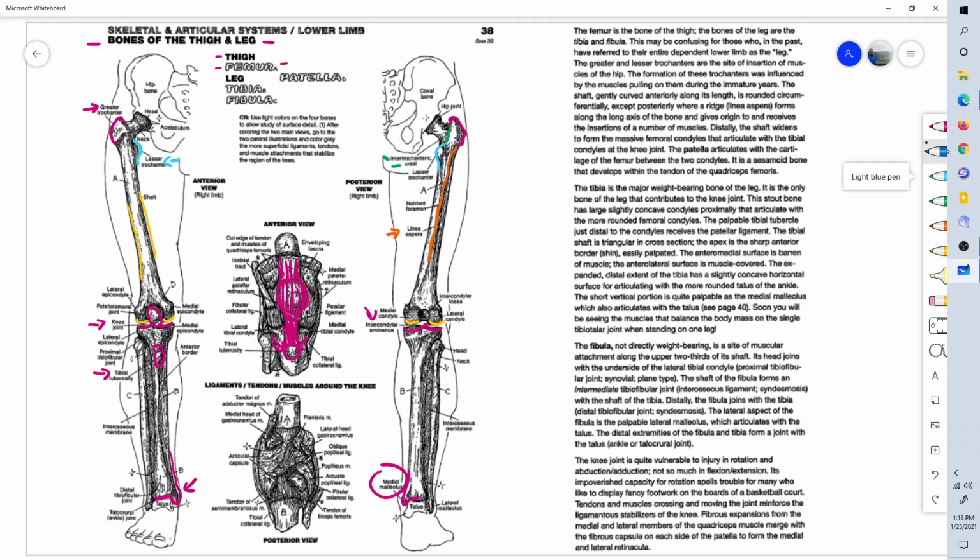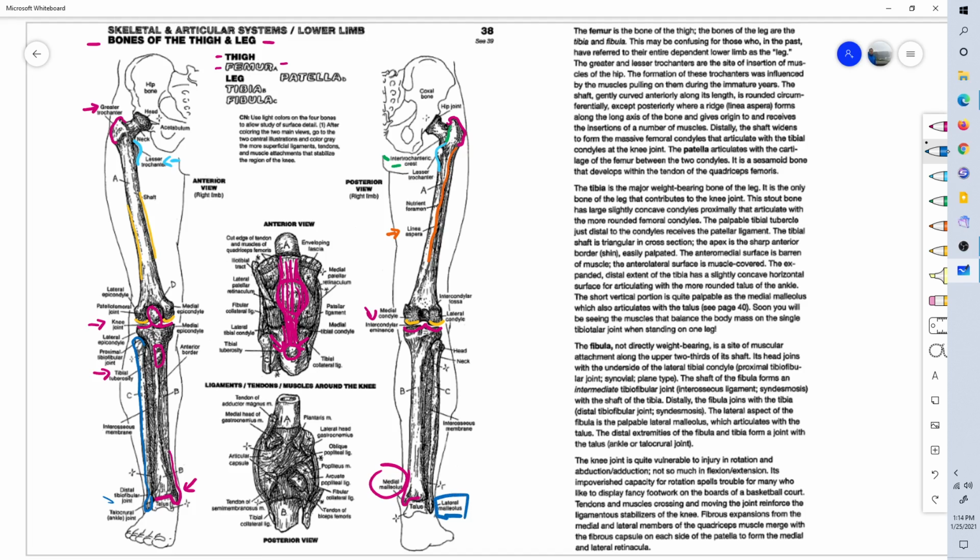And next to the tibia is this small little bone on the side of the leg called the fibula. And the fibula, as you trace it down, at the bottom is the lateral malleolus.